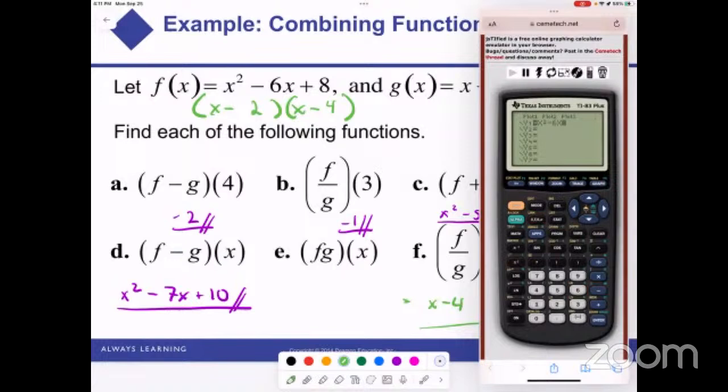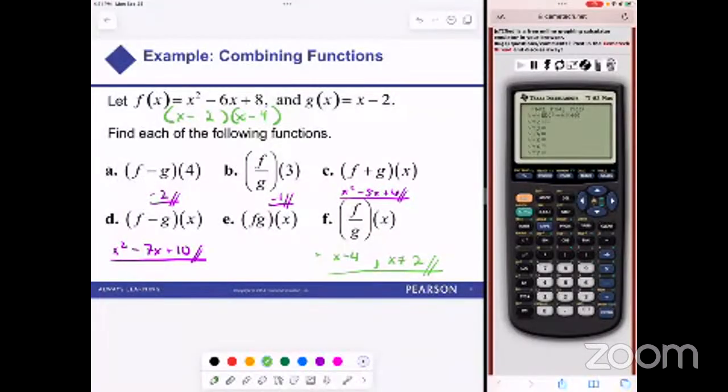And my g is x minus 2. Okay. So for A and B, because we're evaluating, we can do this in the calculator, right? So again, this is a TI-83 plus. I'm going to go back to the home page.